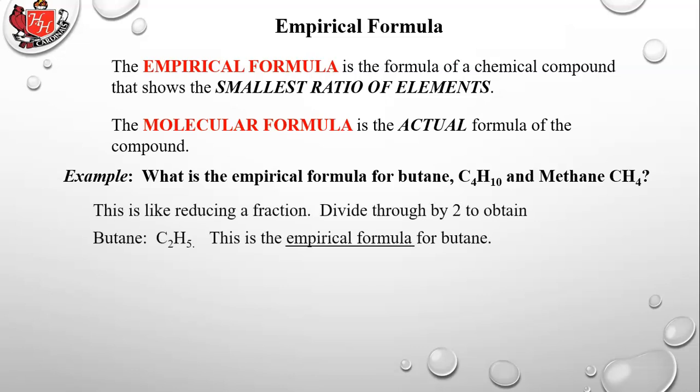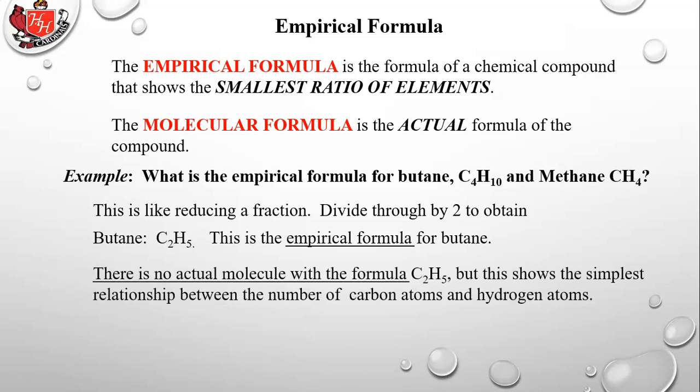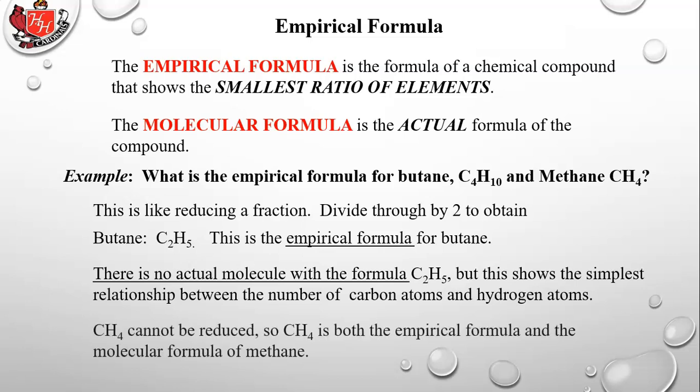This is like reducing a fraction, divide through by 2 to obtain C2H5. This is the empirical formula for butane. There is no actual molecule with the formula C2H5, but this shows the simplest relationship between the number of carbon atoms and hydrogen atoms. CH4 cannot be reduced, so CH4 is both the empirical formula and the molecular formula for methane.